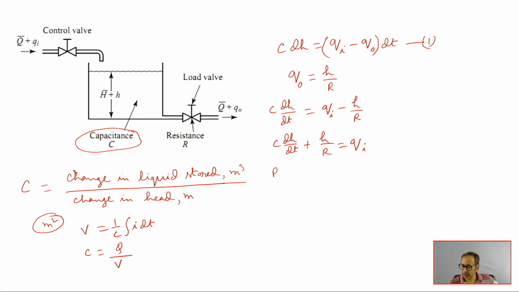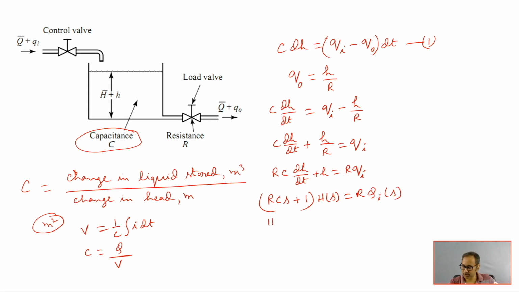Now, multiplying by R throughout, RC dH/dt plus H equal to R Qi. If you take the Laplace transform of this equation, it is RCs Hs plus Hs. So, (RCs plus 1) Hs equals R Qis.